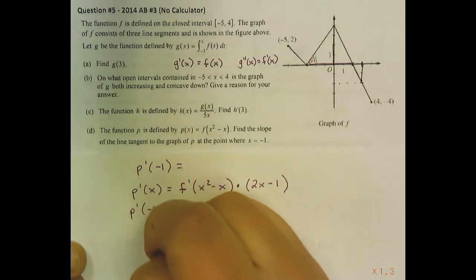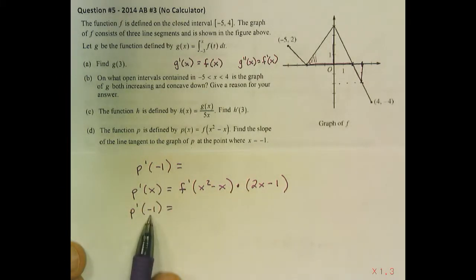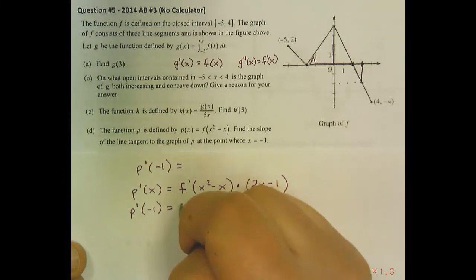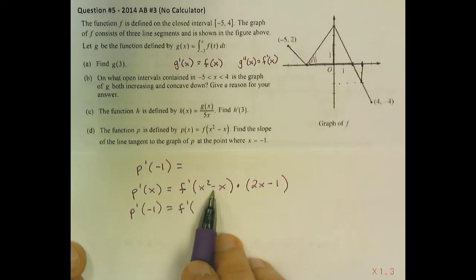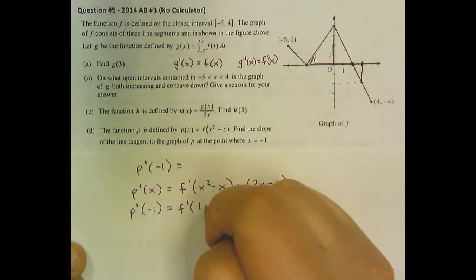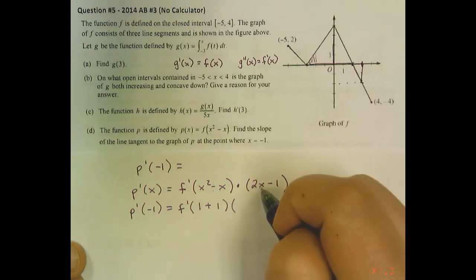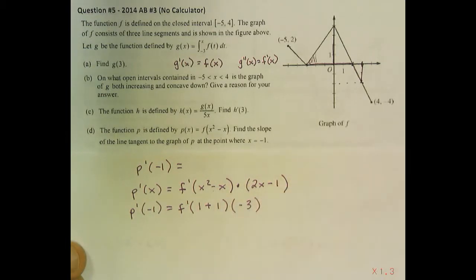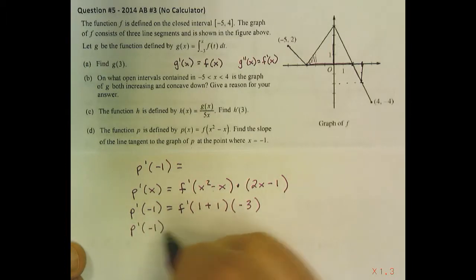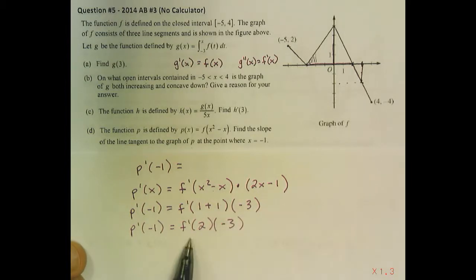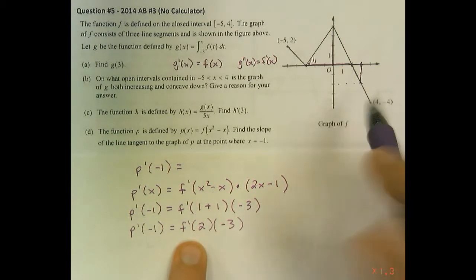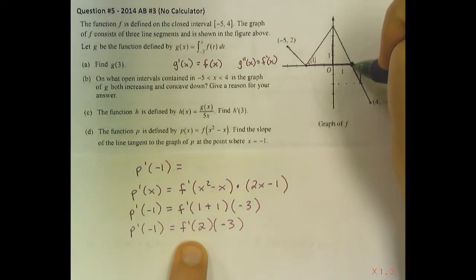p prime of negative 1, now all we need to do is substitute negative 1 in for x's. So f prime of negative 1 squared minus negative 1 would be 1 plus 1 times negative 3. p prime of negative 1 is f prime of 2 times negative 3. So f prime of 2 we're going to need to pull off of the graph. f prime of 2 is asking us what is the slope when x equals 2.